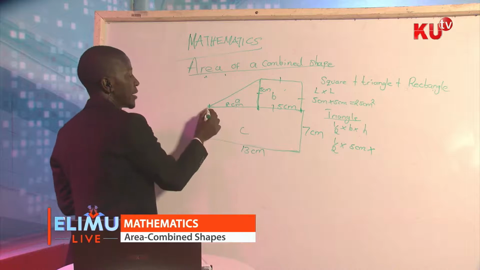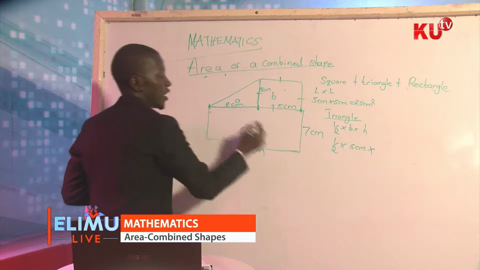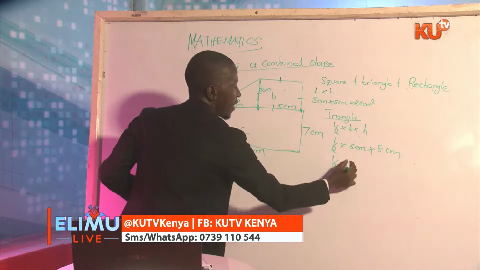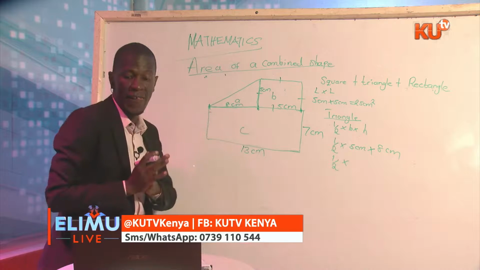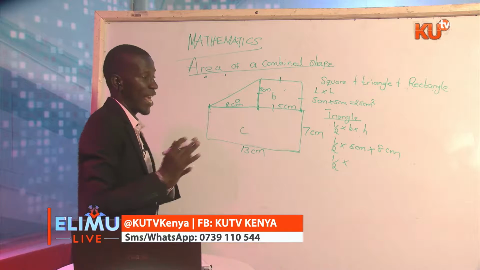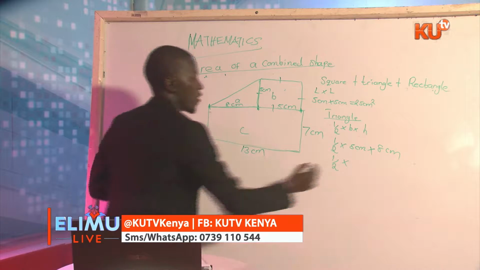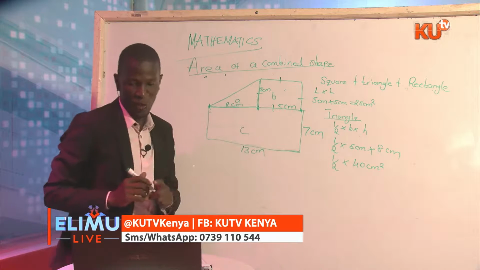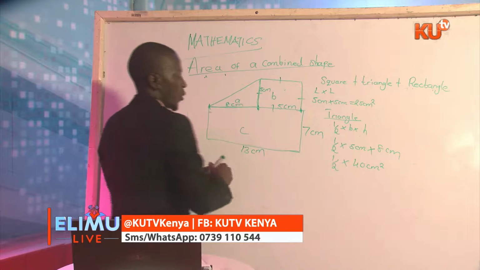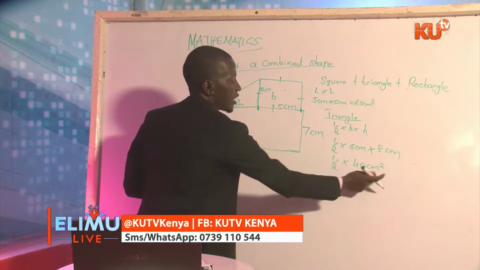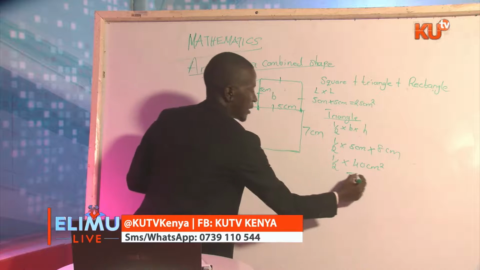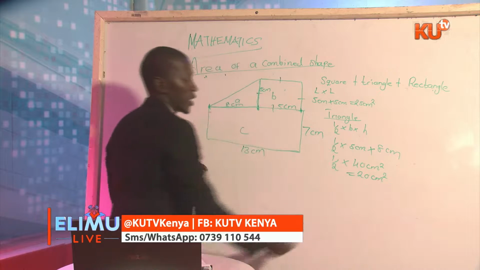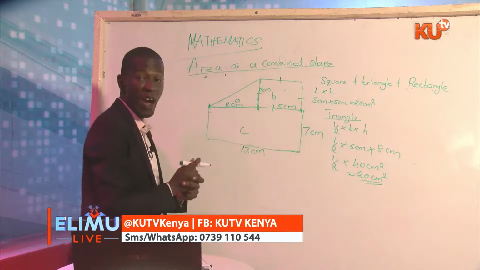What is our height? This is the height, which is 8 centimeters. So we work it out, a half times, what is 5 times 8? 5 times 8 is equal to 40 centimeters squared. So we get a half of 40 centimeters. We get it to be 20 centimeters squared. So this is the area of the triangle.